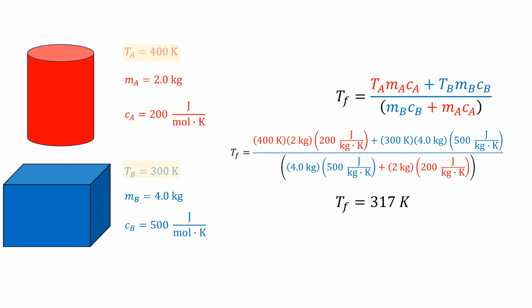And then it should also make sense that it's closer to the original temperature of the cube for two reasons. The cube has more mass, and so it's going to take more energy to change its temperature, and a higher specific heat. Both of those factors will lead to the cube being more difficult to change its temperature than the cylinder.